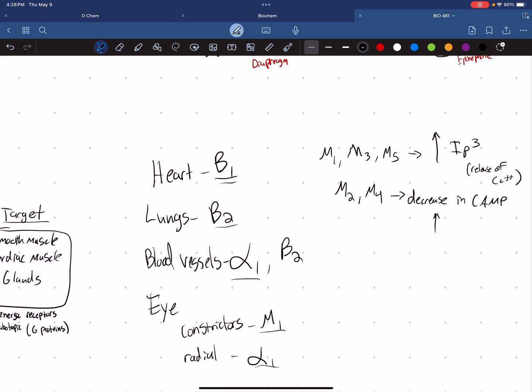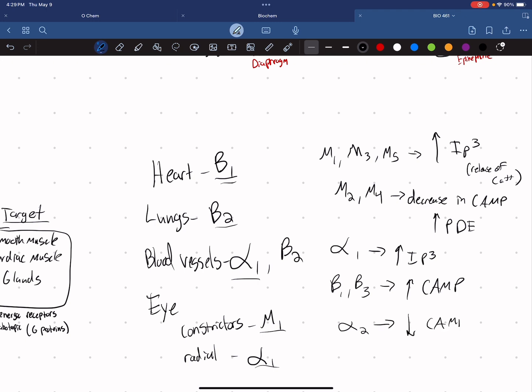And it will increase PDE, which breaks down cAMP. The alpha-1 receptor increases IP3, which causes that constriction, which we talked about with the blood vessels. Beta-1 and beta-3 will increase cAMP. Alpha-2 will decrease cAMP, and beta-2 will increase cAMP.